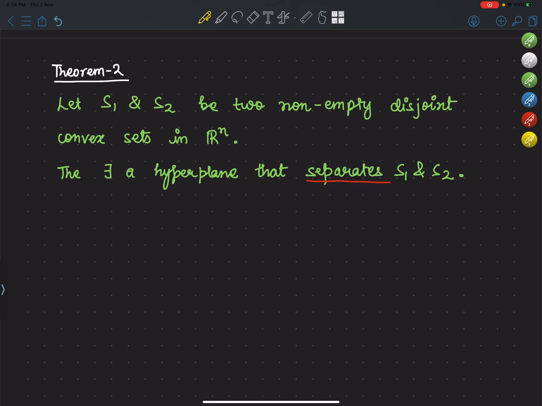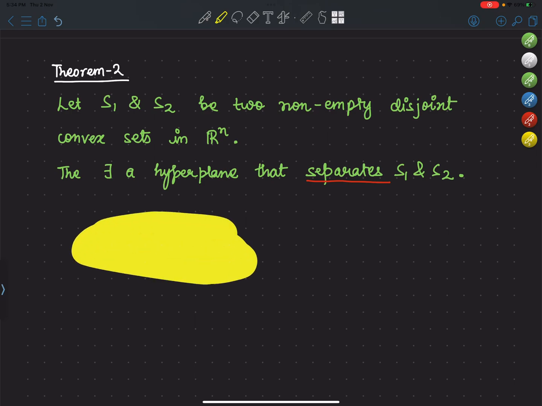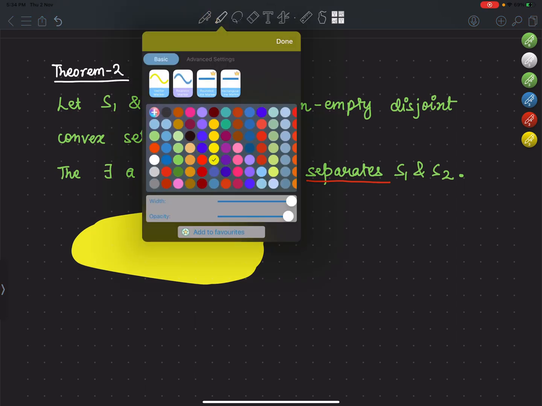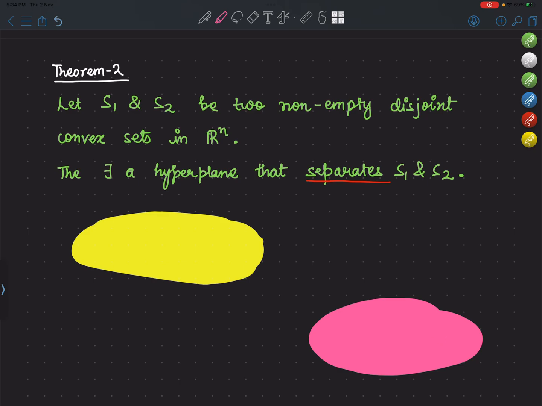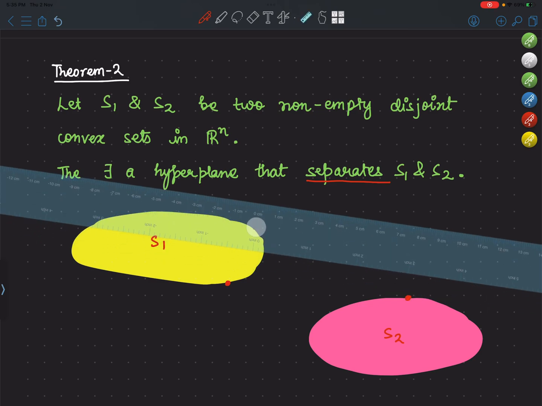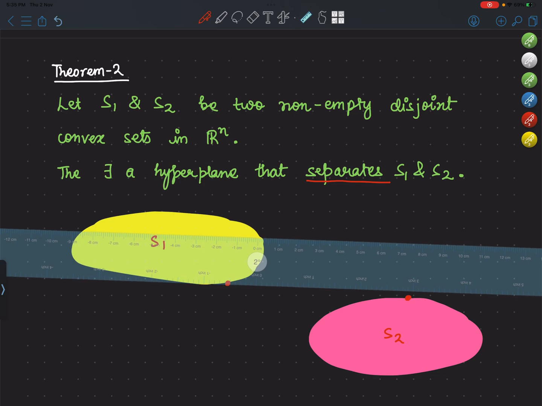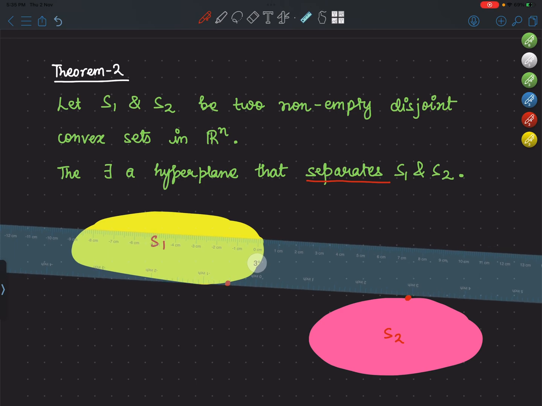So basically if we have two sets like this, two sets S1 and S2, there always exists a hyperplane that separates the two.